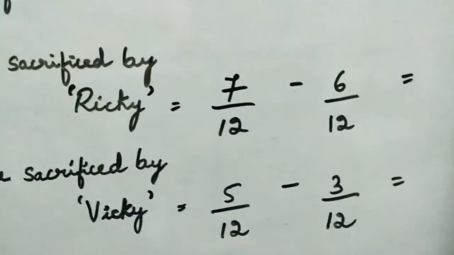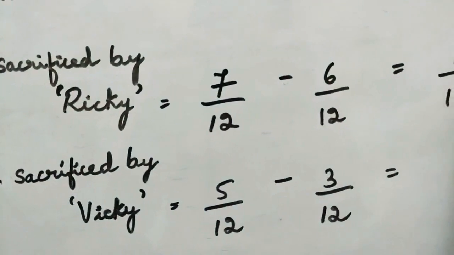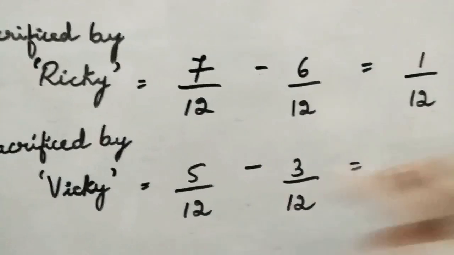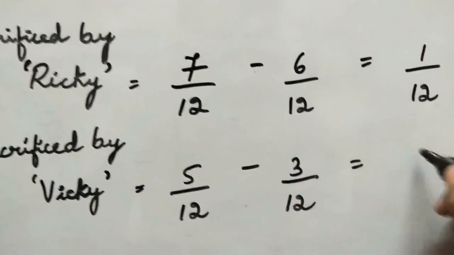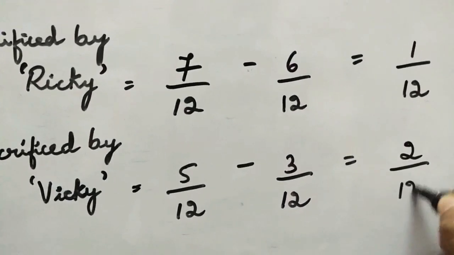7 minus 6 gives us 1 directly, so 1/12. Then 5 minus 3 gives us 2, 2/12.